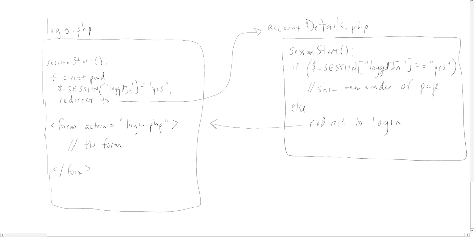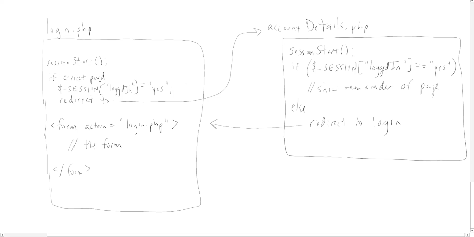So the way the login page is going to work, I left out some details, but the first time it's going to show this form here with an action to post back to the same page. The form would be in here, and it would have username and password, and they'd click submit, and it would send the information up here. And then it checks to see if the correct password was sent.